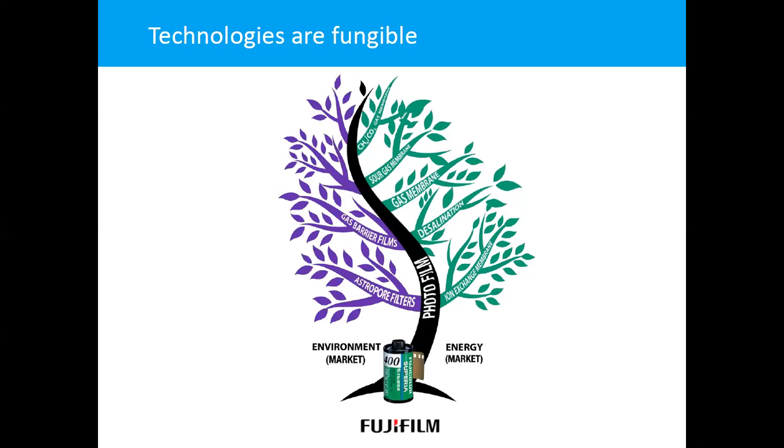But when they did so, they got very advanced in compound materials technologies, and these technologies could then be applied once the photo film market was out. They could apply this knowledge to create different products for different types of markets.